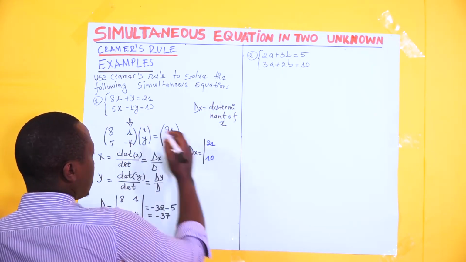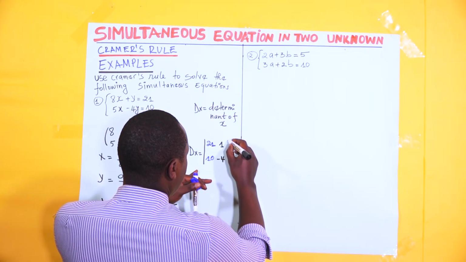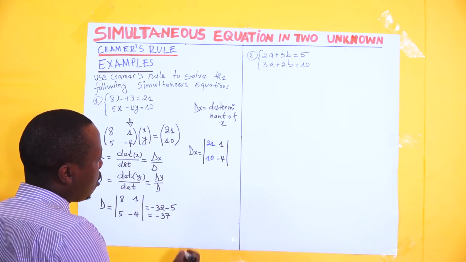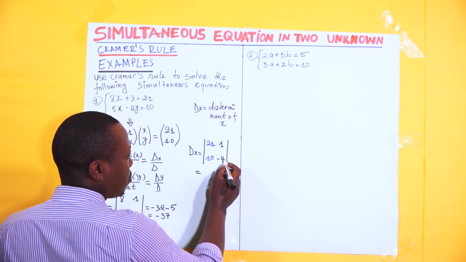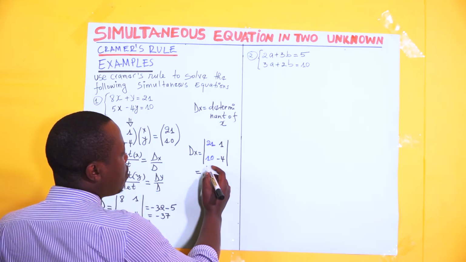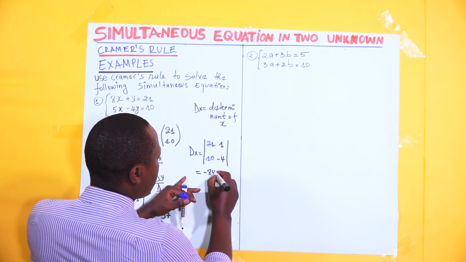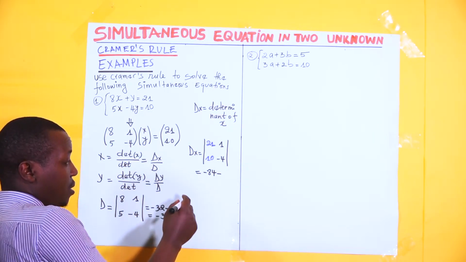Then we copy the coefficients for y. So how do we find the determinant of x? We multiply the numbers that you see here. 21 by negative 4 gives us negative 84. In the formula there's a minus.